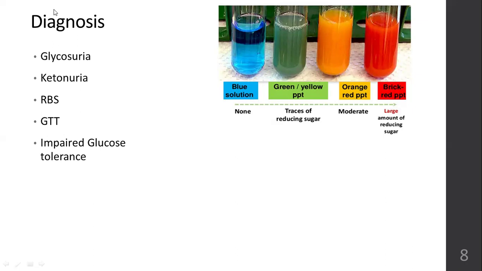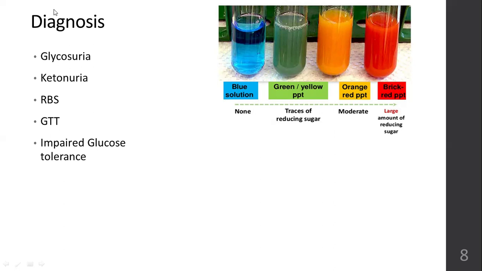And after putting the Benedict's test solution, you have to heat the test tube. They're using a test tube holder. You must have done a similar test in chemistry practicals in school time. So using a test tube holder, a test tube that contains urine sample and Benedict solution is heated for some time, and you wait for the color to change.